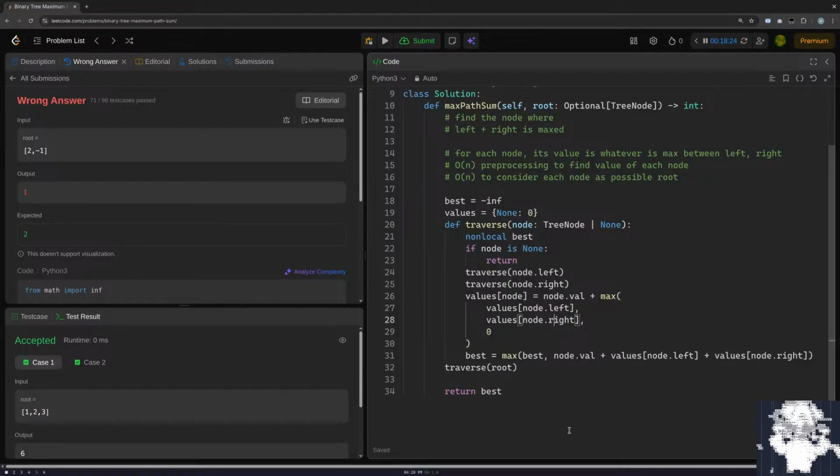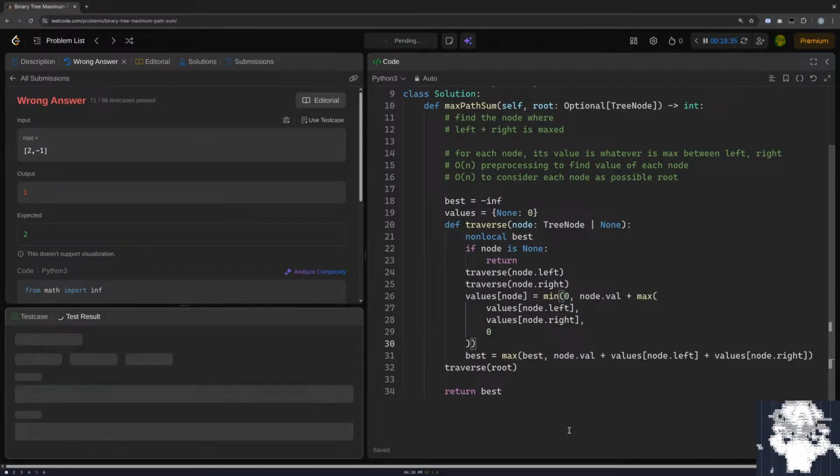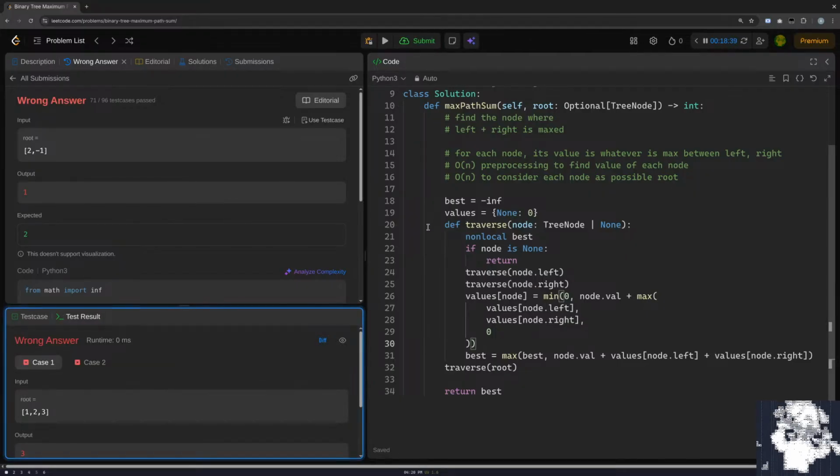So your values are capped at 0. Min of 0 and this stuff. I guess that's not the right way to say it.